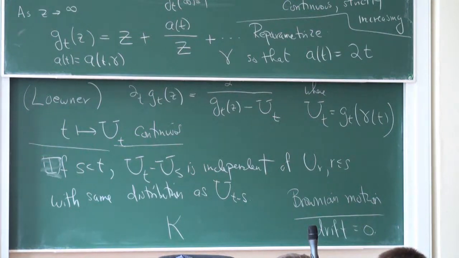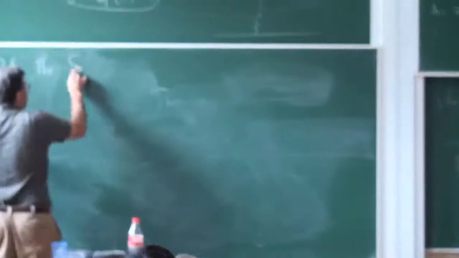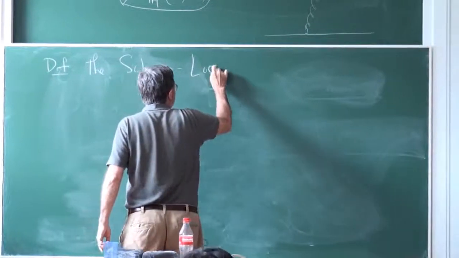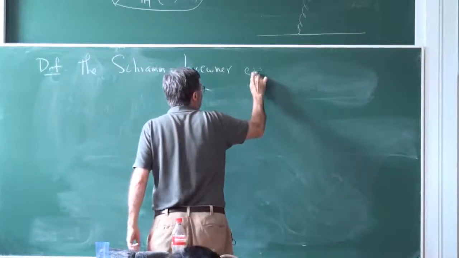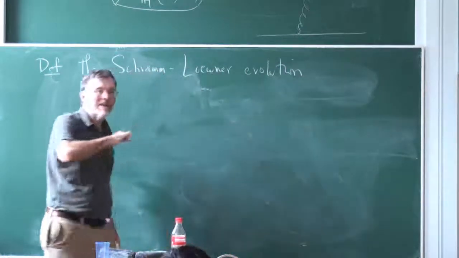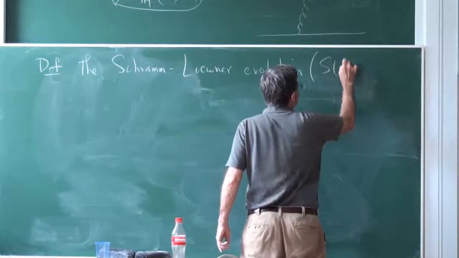So, definition: the Schramm-Loewner evolution. By the way, Schramm originally called this the stochastic Loewner evolution.